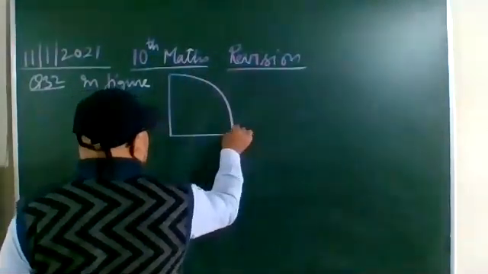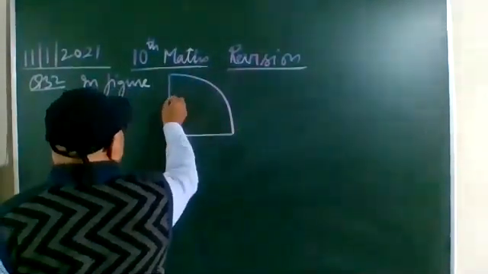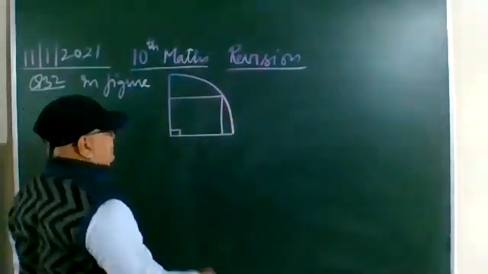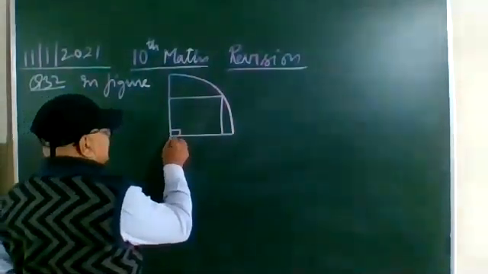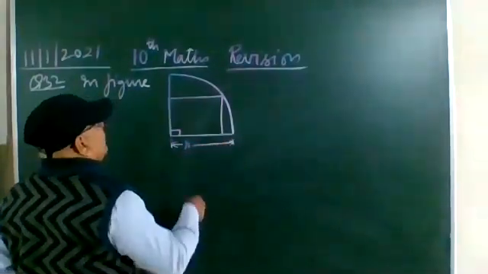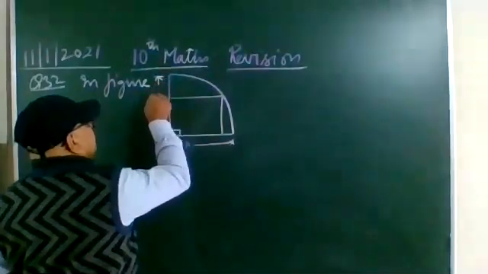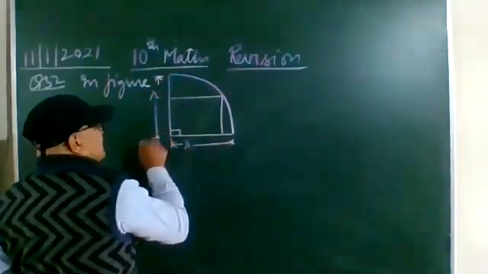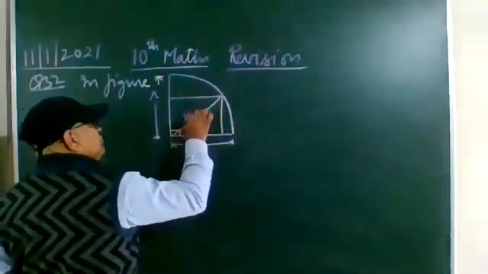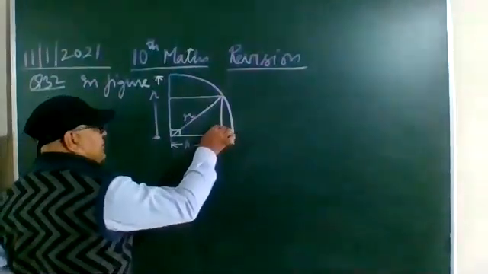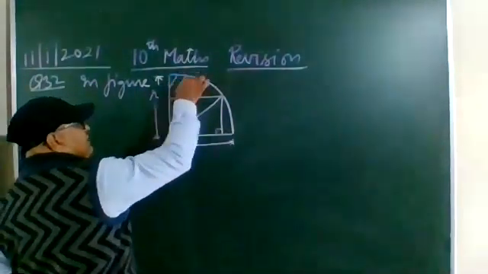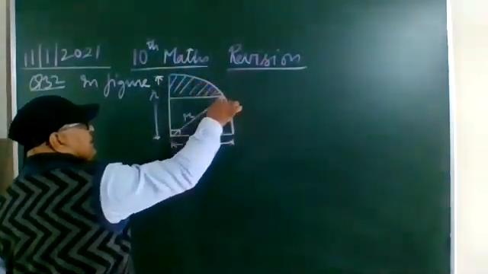This is the quadrant. Now this is the side, so radius, this is R, and this is also a radius R. Now if I take this, I can find out the area of this shaded region.